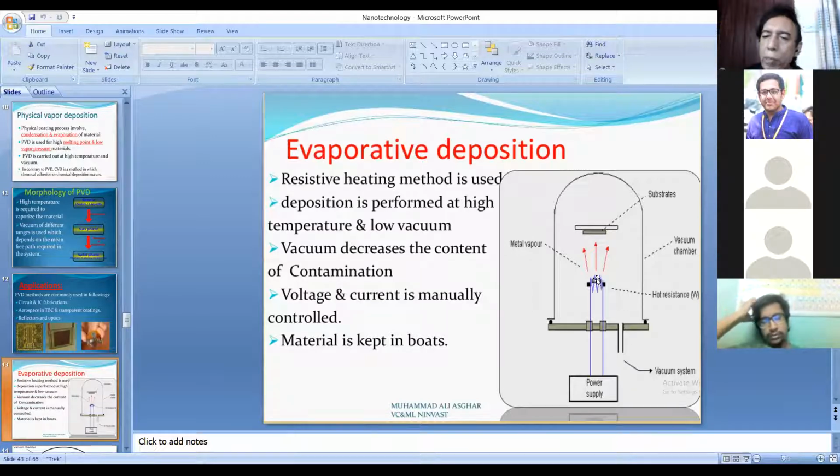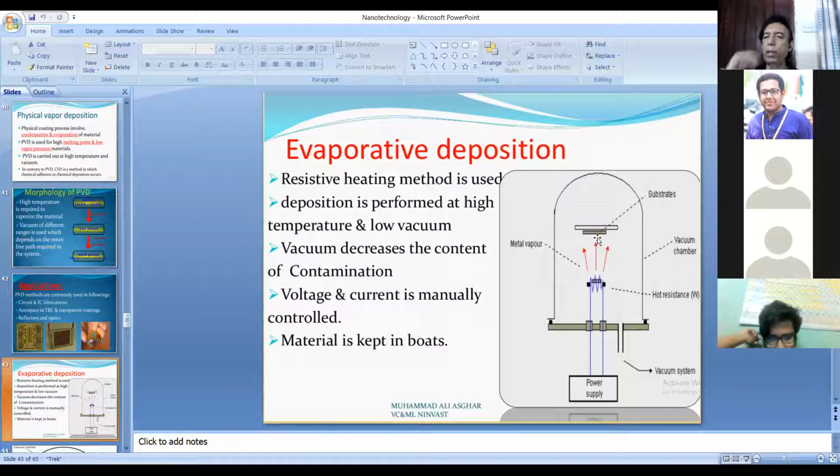When aluminum is vaporized, it becomes aluminum atoms. Aluminum atoms will go here and condense on that substrate. This is the simple process of evaporative deposition.